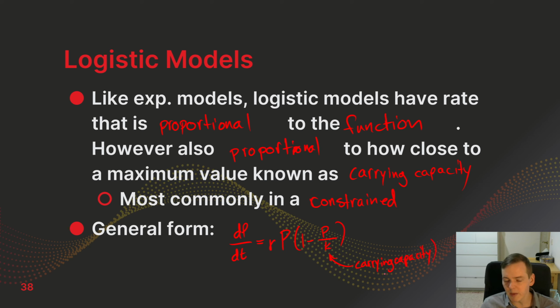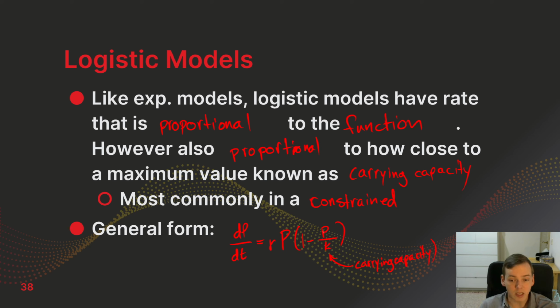What you can think about it here is it's the rate times the population, just like an exponential model. But then it's also multiplied by this correction factor that says how close are we to our carrying capacity.